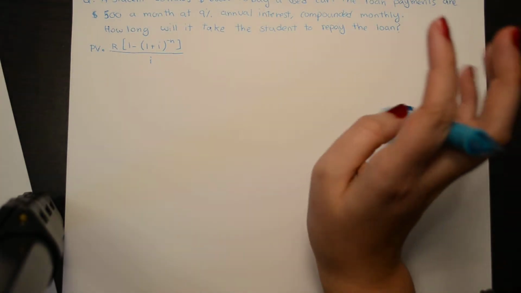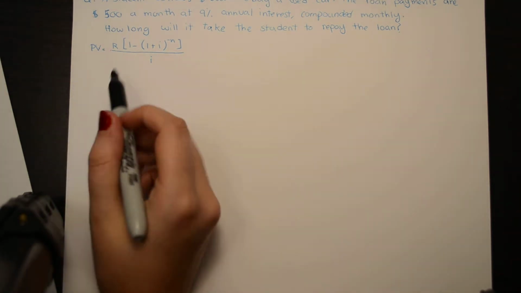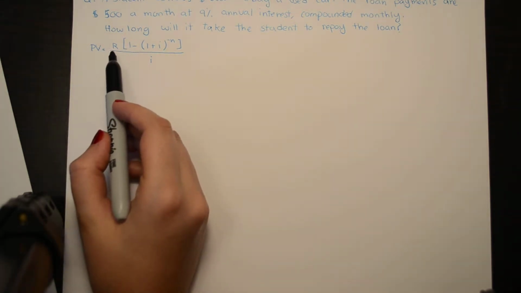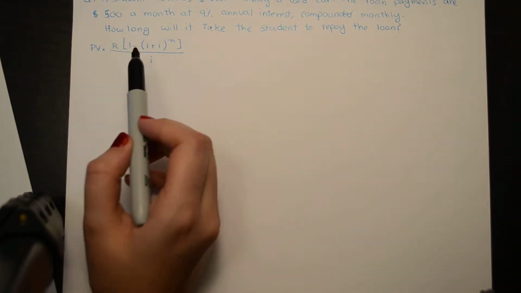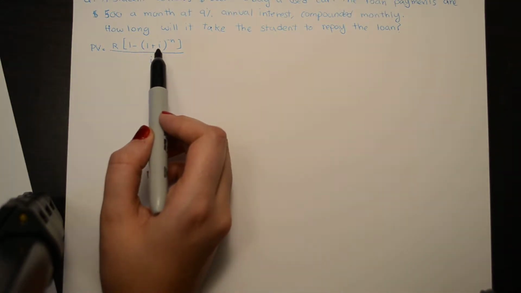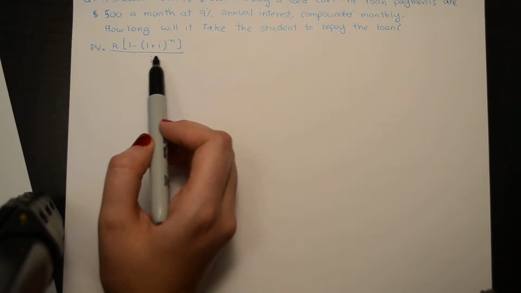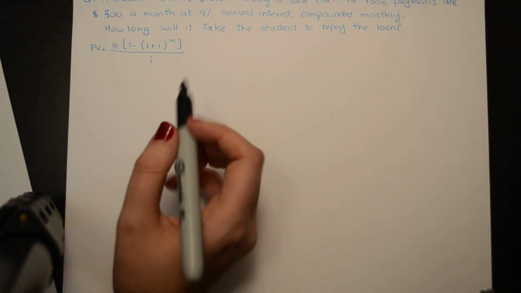In order to solve this question, we can use the present value formula, which says the present value is equal to R, which is the monthly payment, times 1 minus 1 plus i, where i is the ratio, to the power of negative n, where n is the time, divided by the ratio.